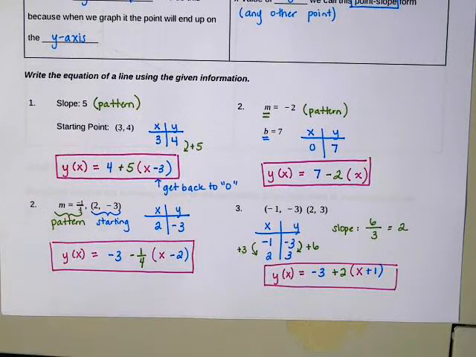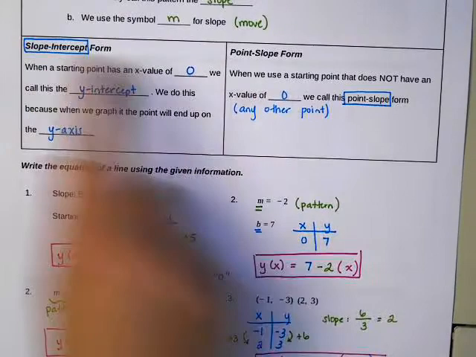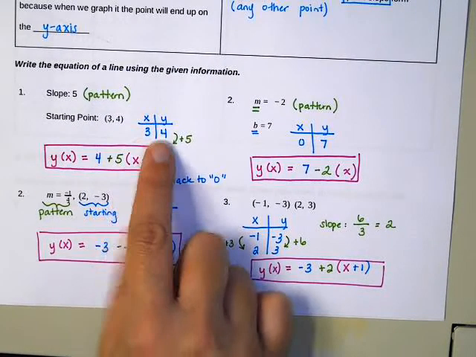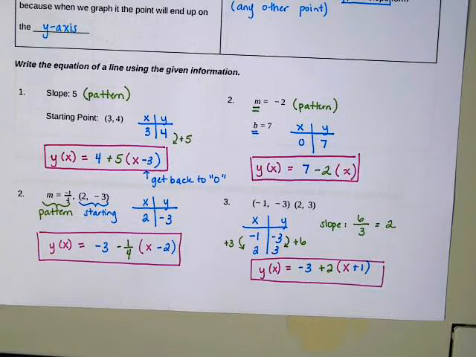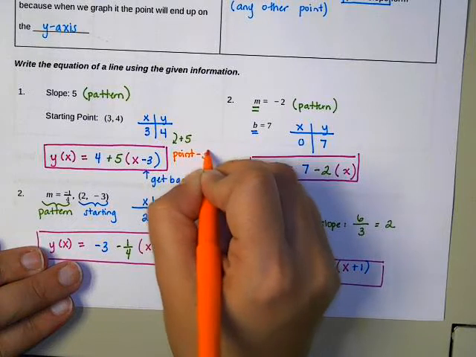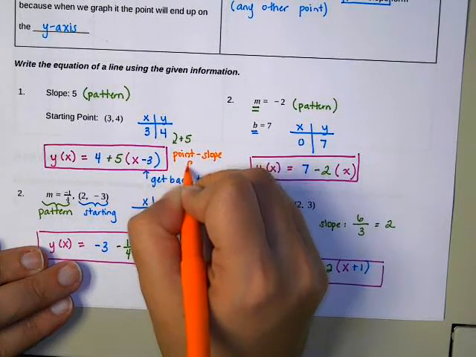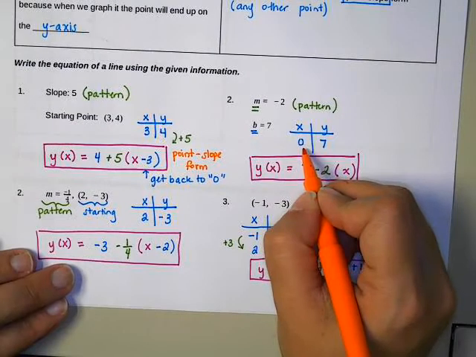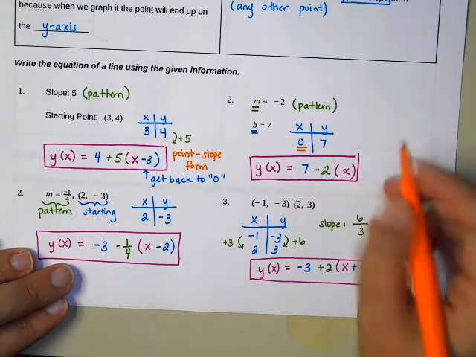Now let's classify these equations as either slope-intercept or point-slope. So the first equation, the starting value, does not start with 0. Therefore, we would call this point-slope form. In the next equation, the starting value does start with 0.